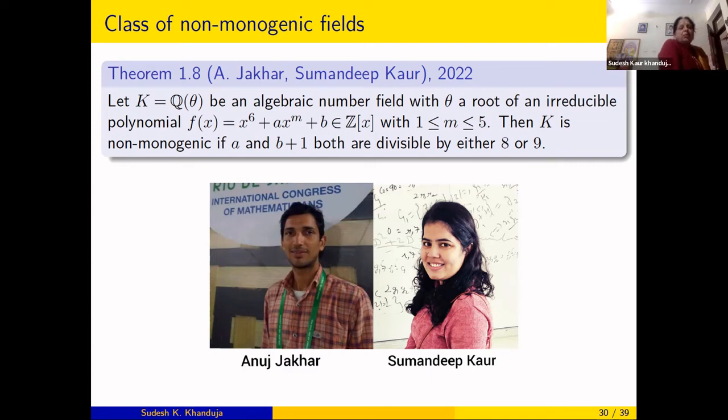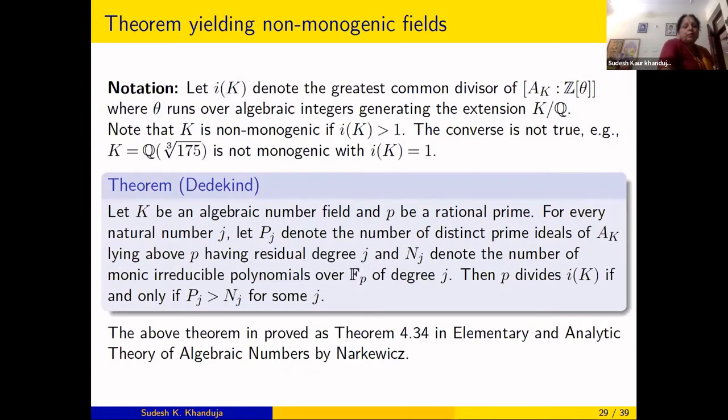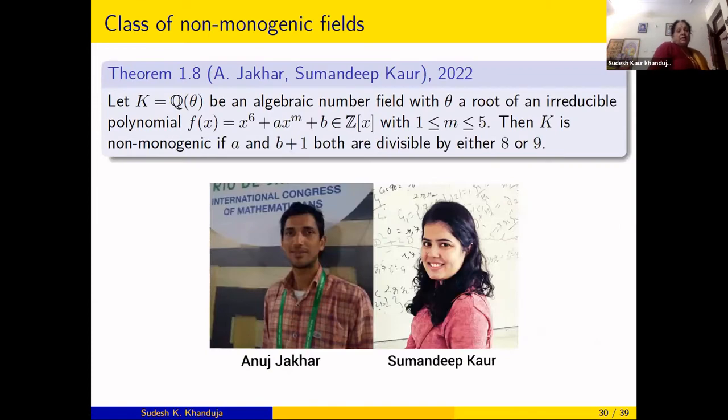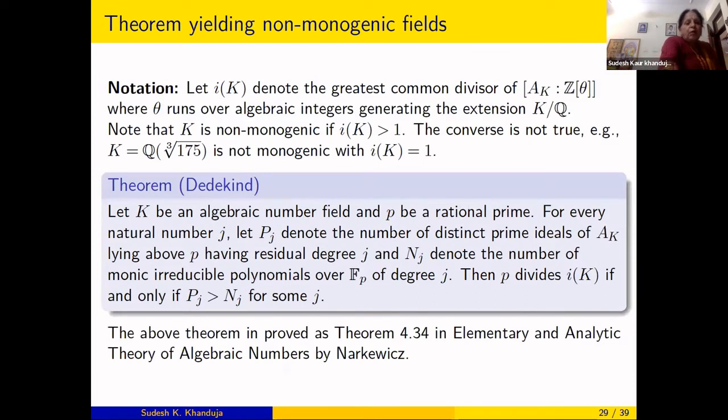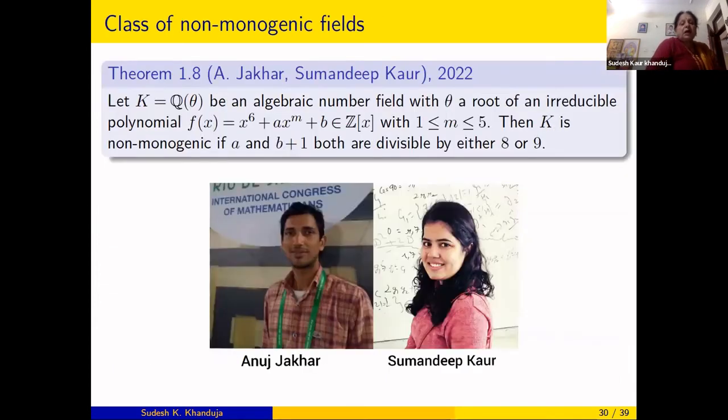Then K is non-monogenic if a and b + 1 are both divisible by 8 or both divisible by 9. And of course they use this theorem of Dedekind, but they had to work to show the existence of a prime p which divides I_K in both these cases.